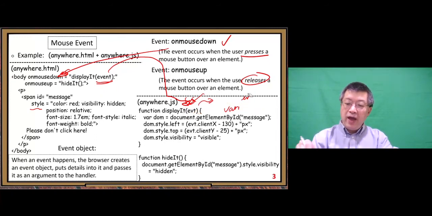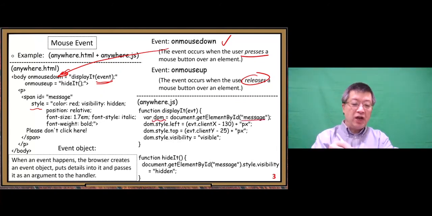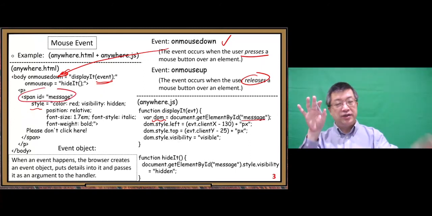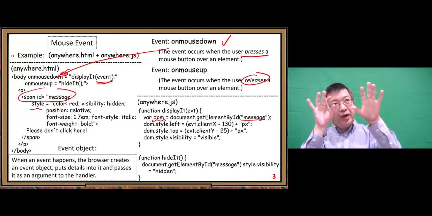Now, inside the function, first we get the object from the message element, the span. We want to put our control on this object.